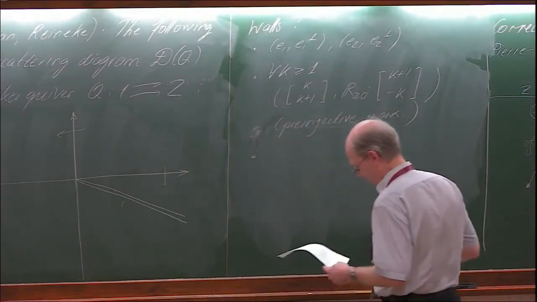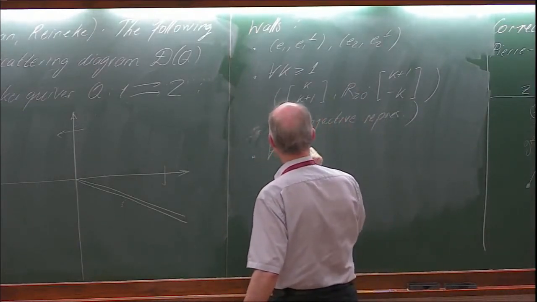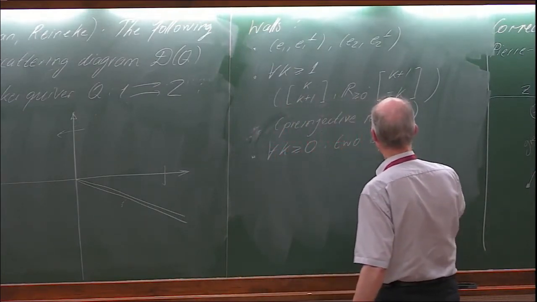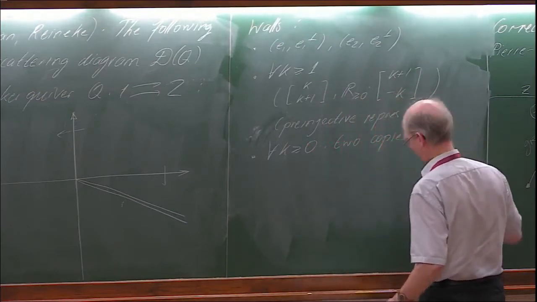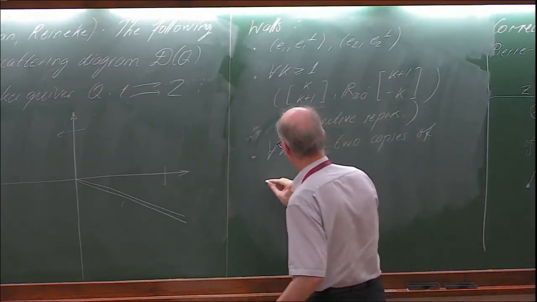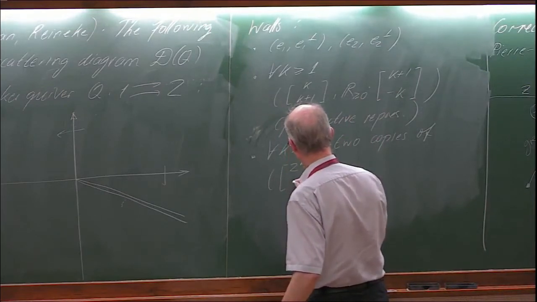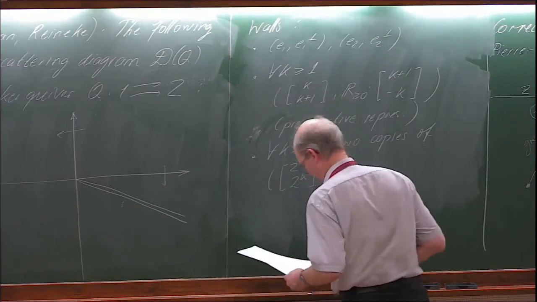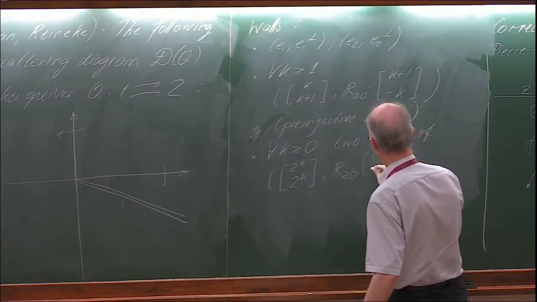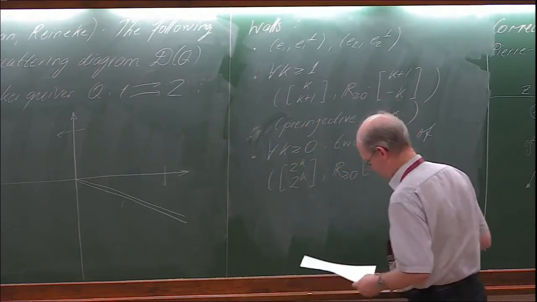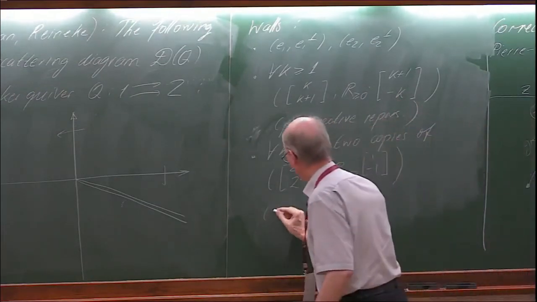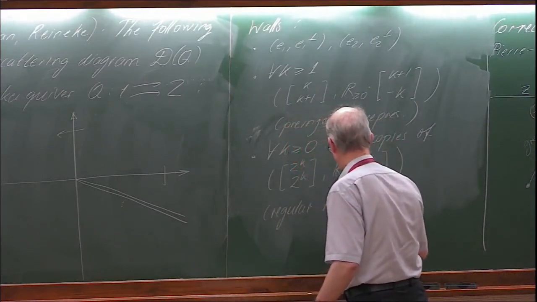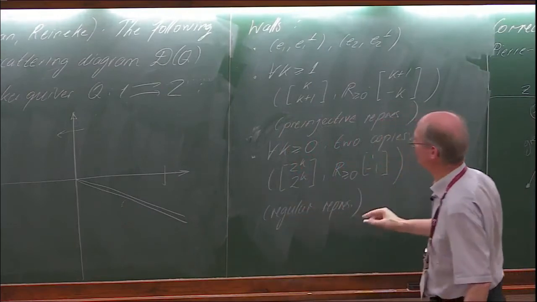Then we have for each k greater or equal to 0, two copies of a wall 2 to the k, 2 to the k, with a ray 1, minus 1. These correspond to certain regular representations, the ones in the tubes.